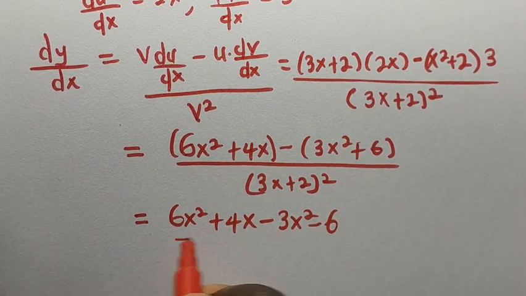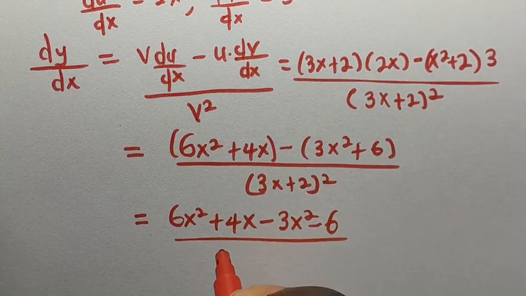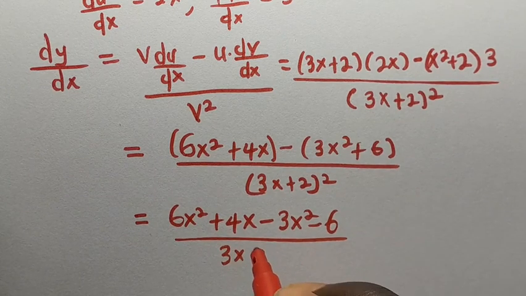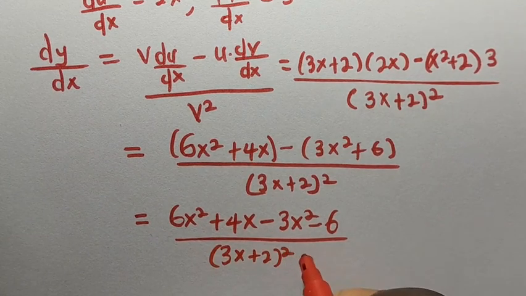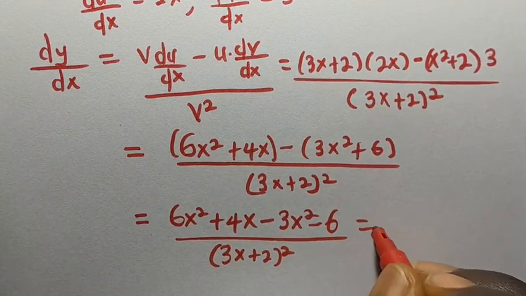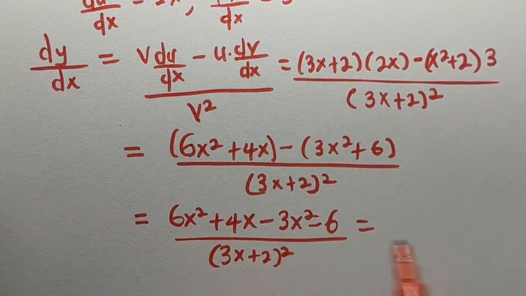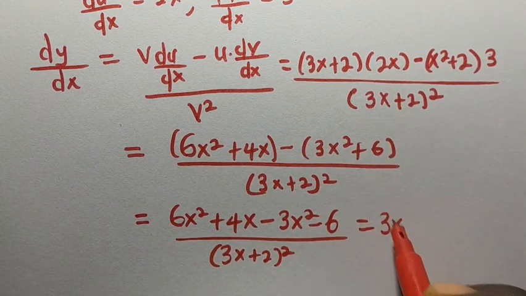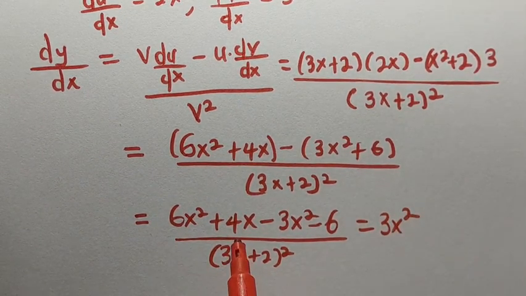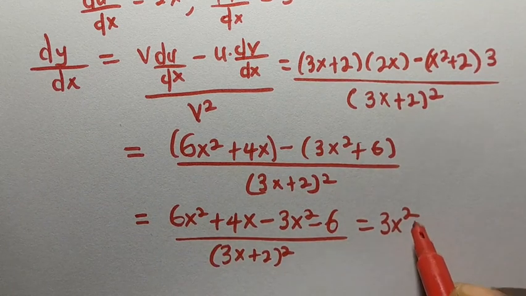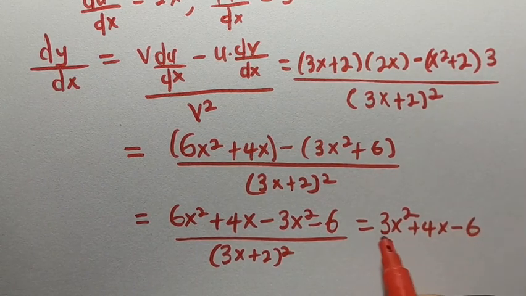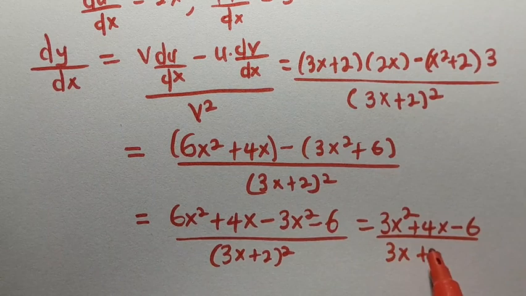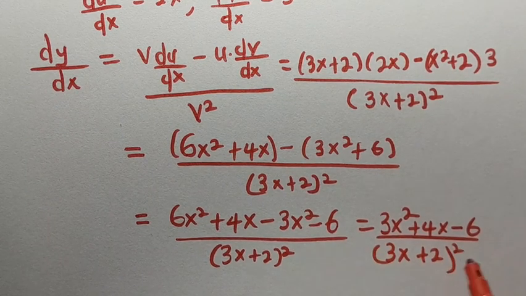Then all divided by 3x plus 2 all squared. So from here, this minus this will be 3x squared, then plus 4x, then minus 6, divided by 3x plus 2 all squared.